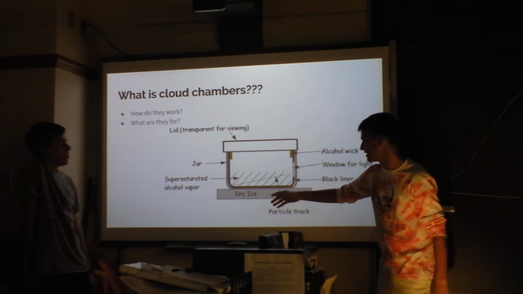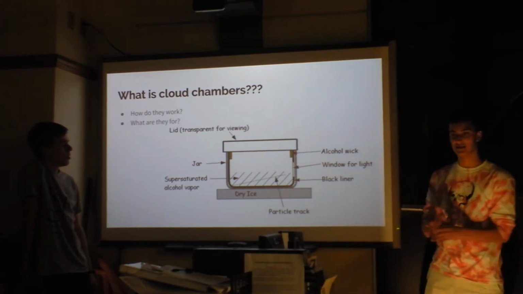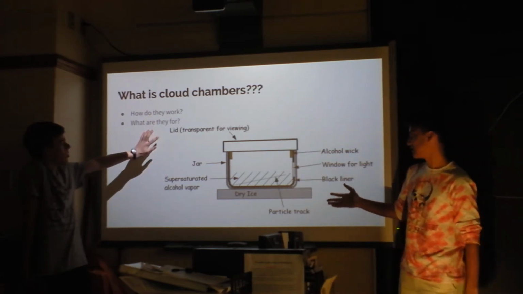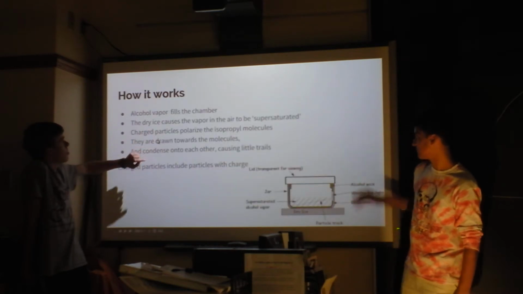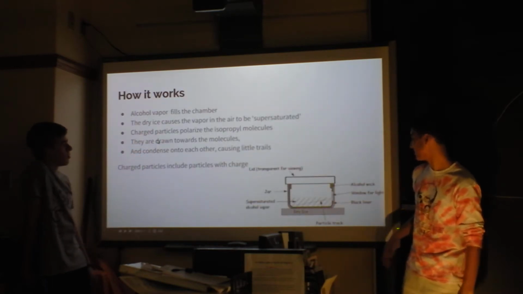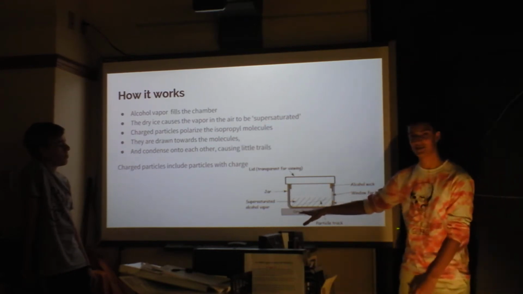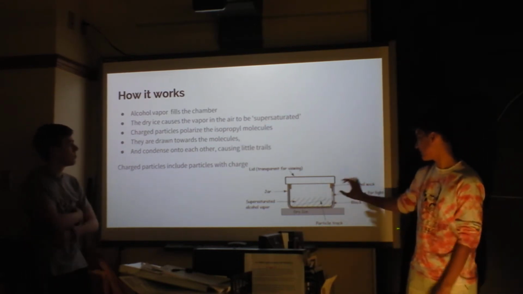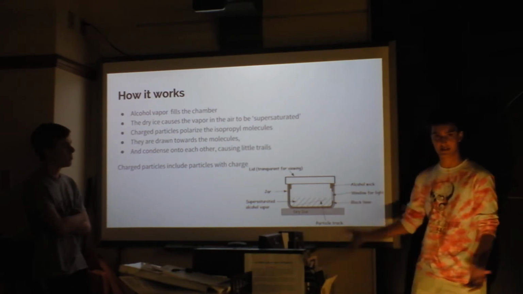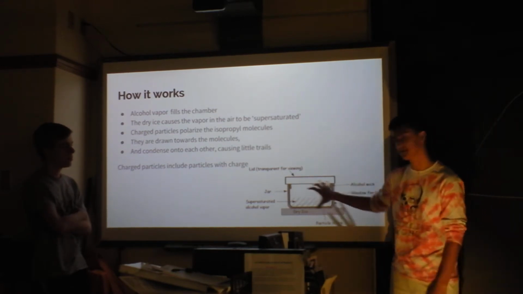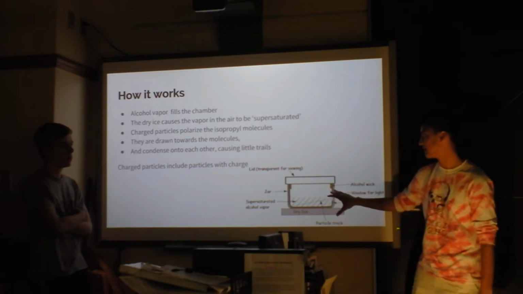And so what happens is you look, and you get... Oh, we do have an image. Okay, cool. We'll take this one. So you'll have this dry ice, which cools this chamber here. And then also your alcohol, because it's very volatile, will create this gas that disperses in this chamber.